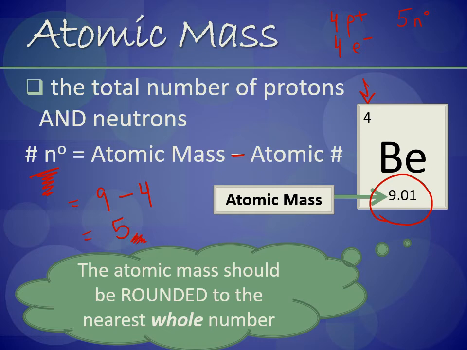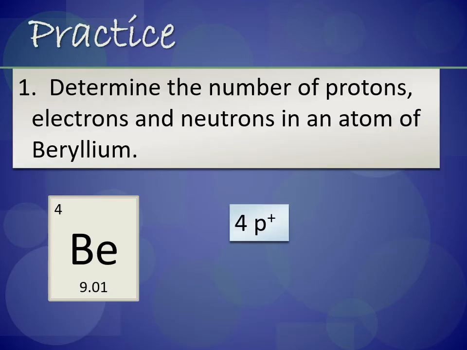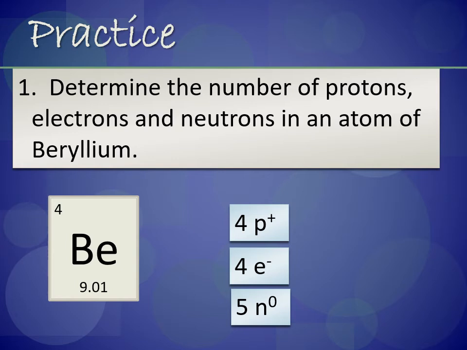You take the atomic mass and you subtract the atomic number. Okay, and we just did this. So the number of protons would be 4 because of the atomic number. The number of electrons would be 4 because of the atomic number. Okay, so this comes from the atomic number, and this comes from 9 subtract 5, which is equal to 4.